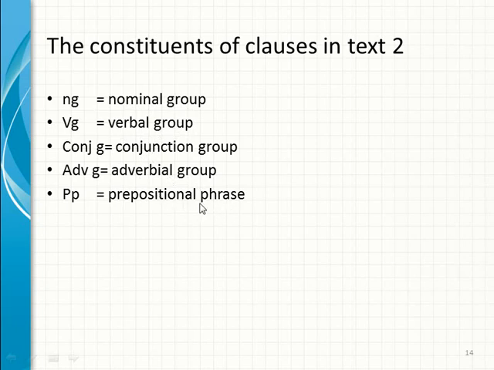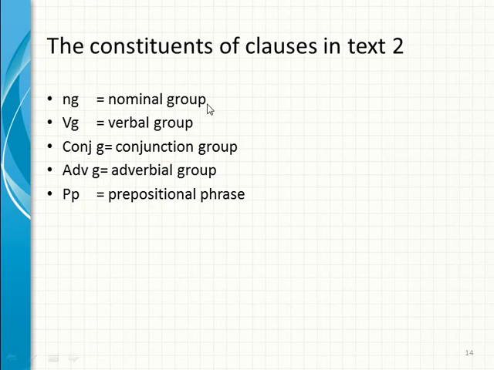Only one is called a phrase. So we have NG, VG, but actually this should be a small v, conjunction group, adverb group, and then PP, prepositional phrase. So this is what we call a constituent. Every constituent is like every group which can move together.